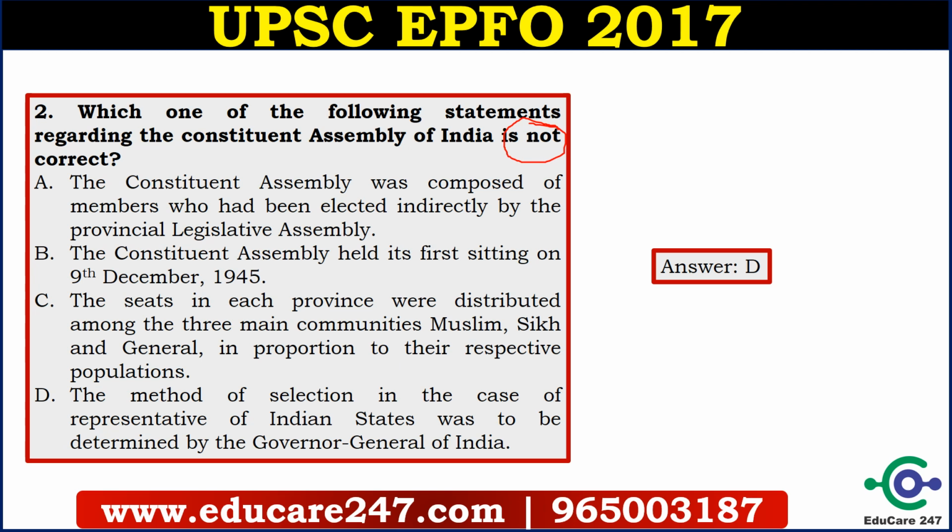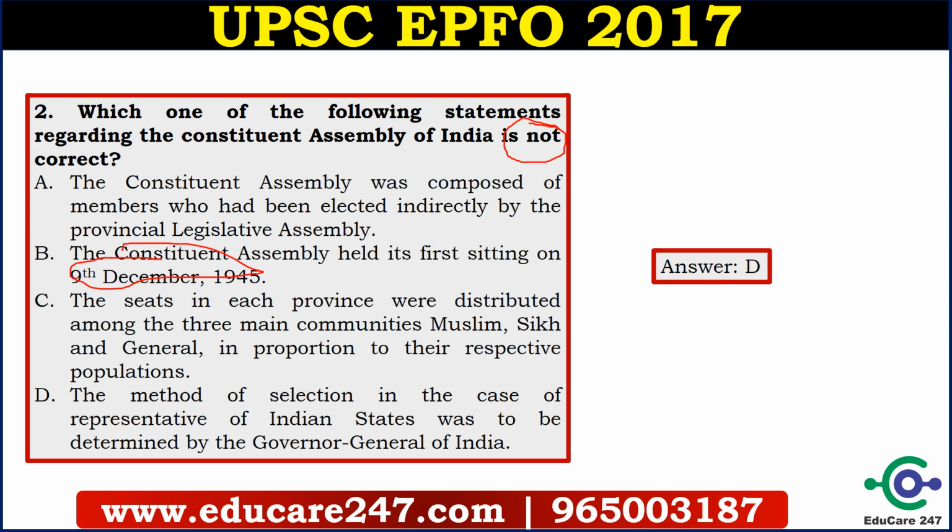The second statement is, the Constituent Assembly held its first meeting sitting on 9th December 1946. The third statement is, the seats in each province were distributed among the three main communities, Muslim, Sikh and General, in proportion to their respective population. This is also a correct statement.